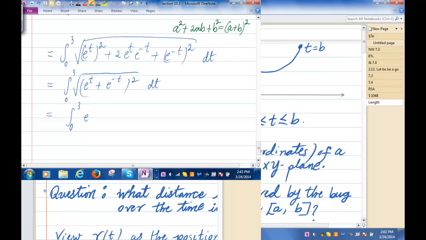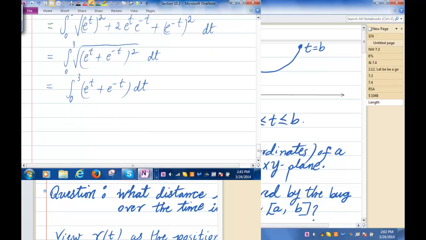So I have the integral of e to the t plus e to the negative t dt. And finally, what's the antiderivative of e to the t? e to the t, right? And what's the antiderivative of e to the negative t? Negative e to the negative t. And then I go from 0 to 3.